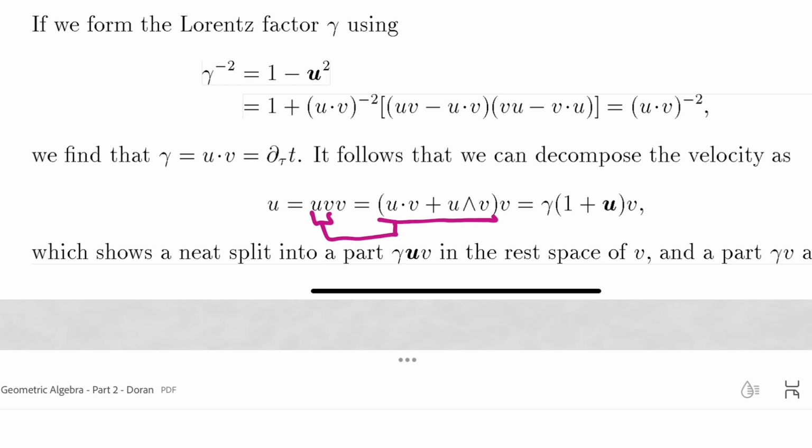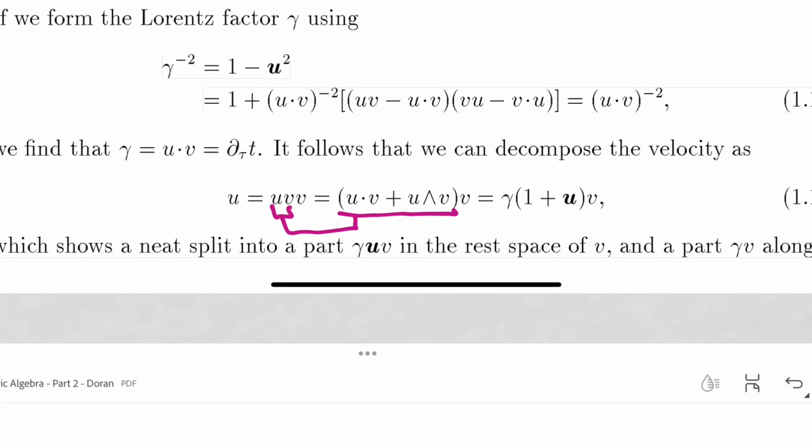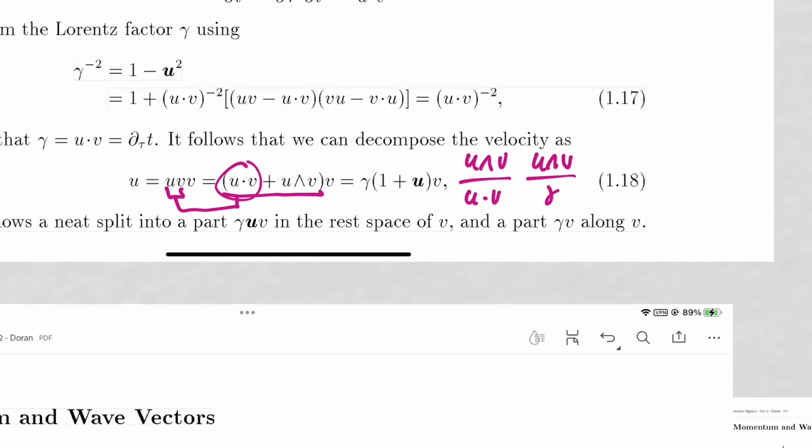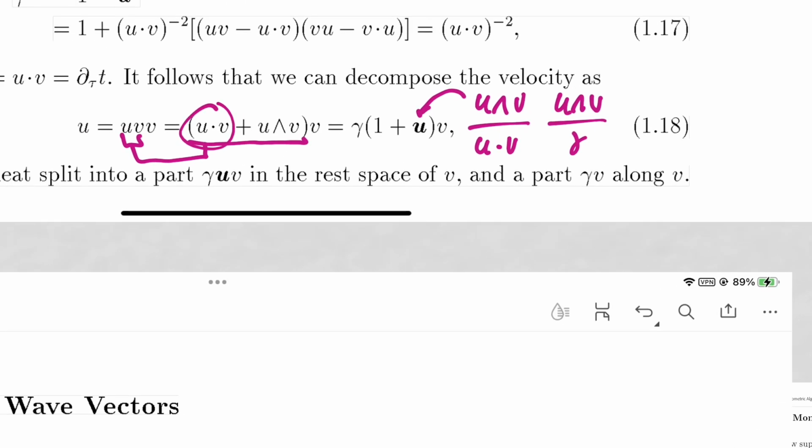It's just the geometric product of u and v. But now that we know that u dot v is gamma, and now that we also know that u wedge v over u dot v, which we can write as u wedge v over gamma, is the definition of the relative velocity u, we can write this form here in this form.